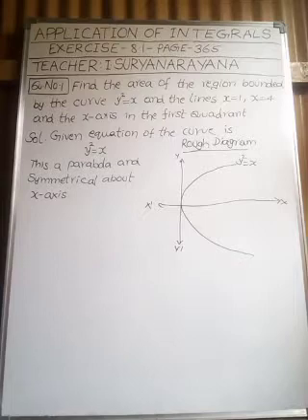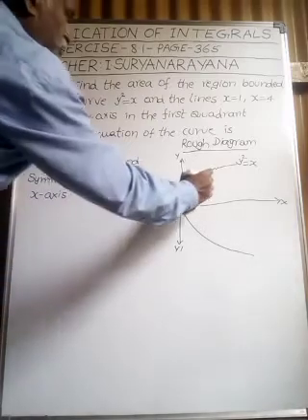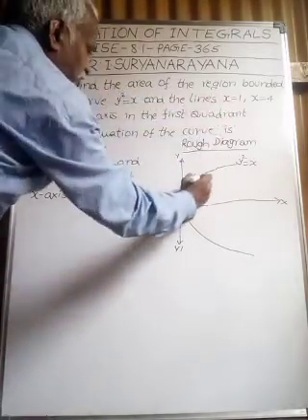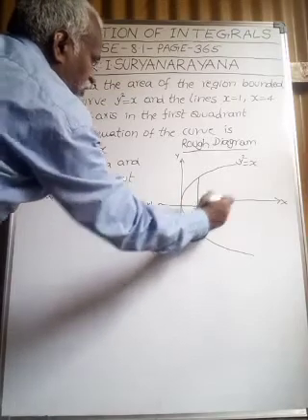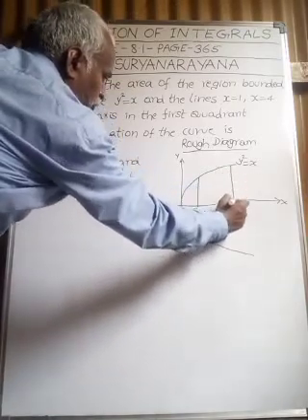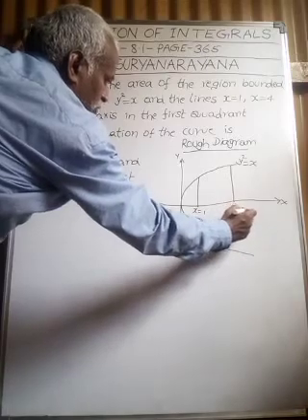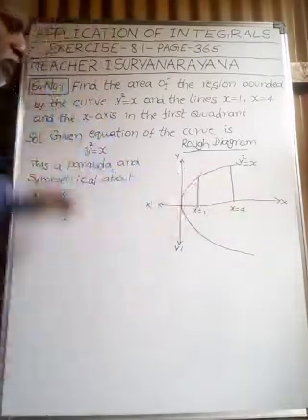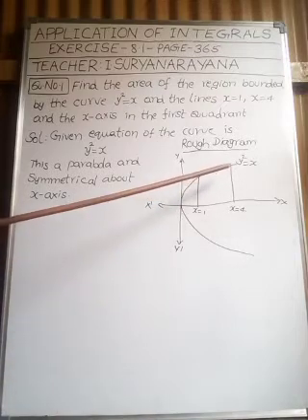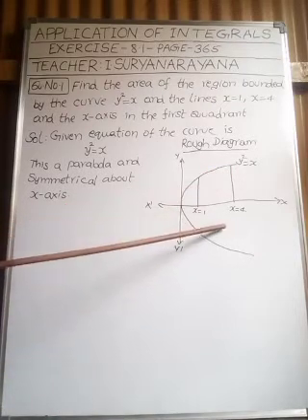After drawing that rough diagram, let us take the limits. Here x is equal to 1 and here x is equal to 4. The graph of the curve is in the first quadrant as well as in the fourth quadrant.